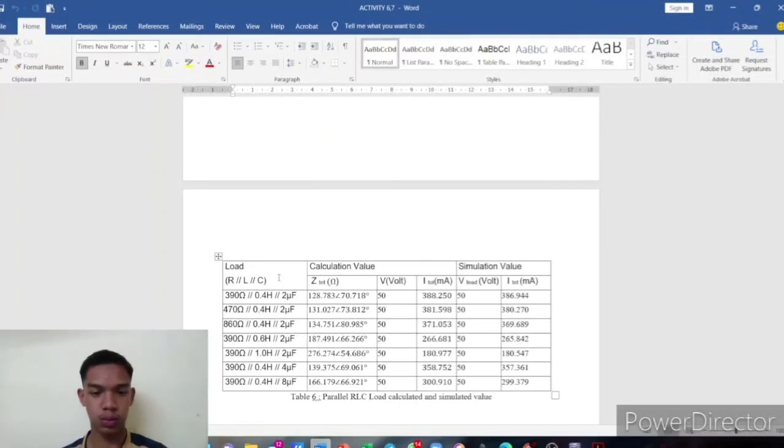Then we need to test the first example, which is 390 ohm, inductor 0.4 Henry, capacitor 2 microfarad.